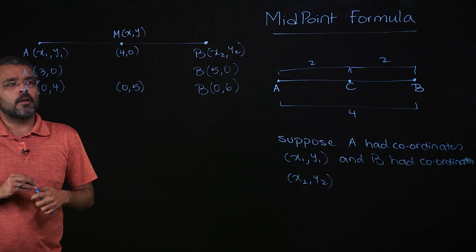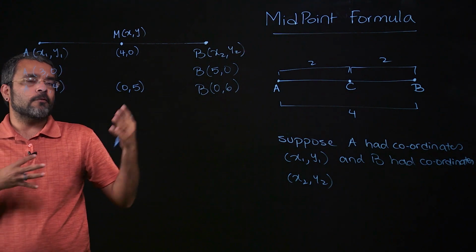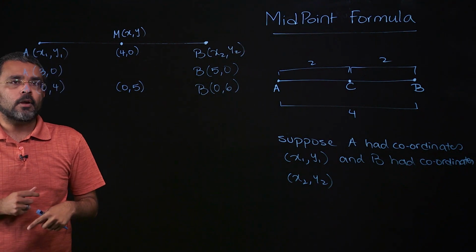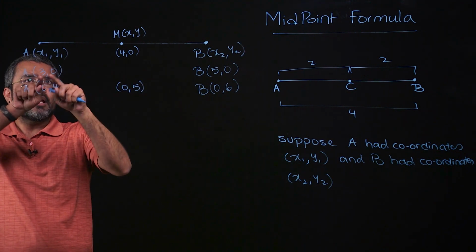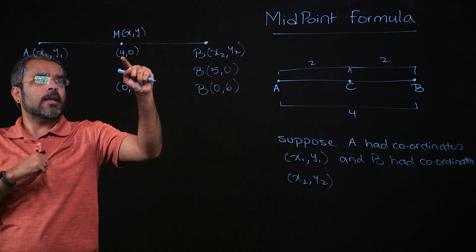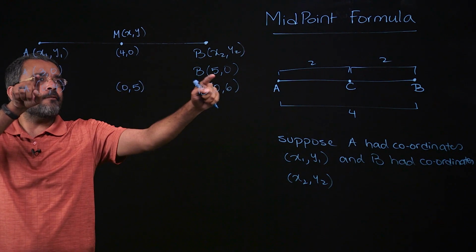But what if it was not that easy? What if I had 3 and 4 quarters or 5 and 6 quarters? How do you find the midpoint in that case? Looking at 3 and 5, how do I get 4? I can think of this as the average of 3 and 5.